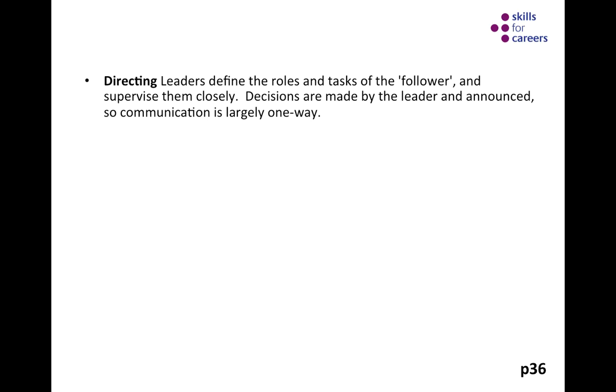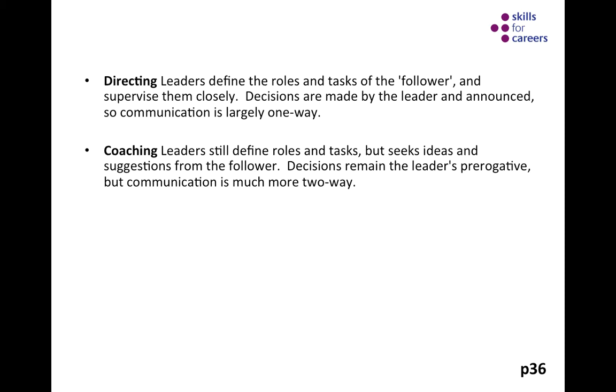Okay. A summary of each of the 4 different styles appears on the screen now. So you have the direct style of leader, who generally speaking is more autocratic, making the decisions, communication very much one way, moving through to someone who provides a bit more coaching, where again they still tend to be predominantly in charge, but the communication process is much more two-way.